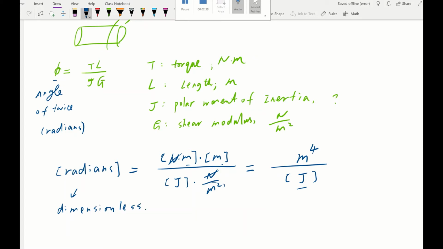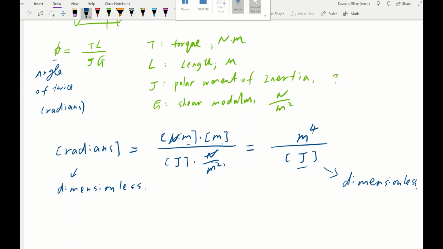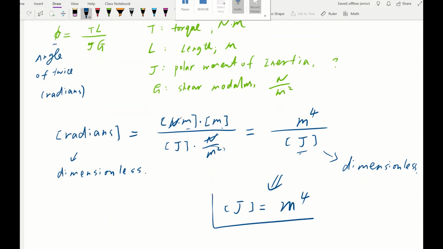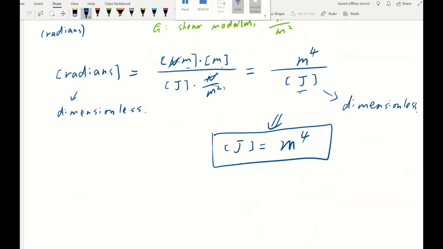So the right hand has to be dimensionless too. What do you think J has to be? J has to carry a unit of meter to the power 4. Then they cancel out when they do the division, and there will be no units left. So we figured out that for this problem, the polar moment of inertia has a unit of meter to the power 4.